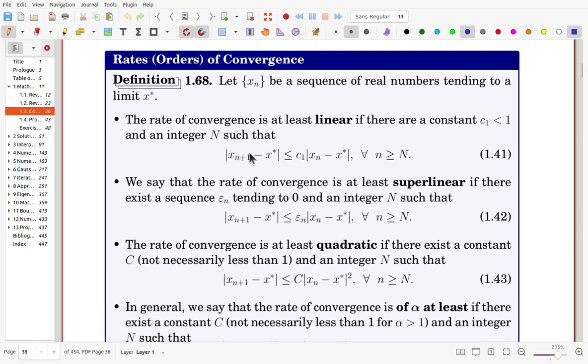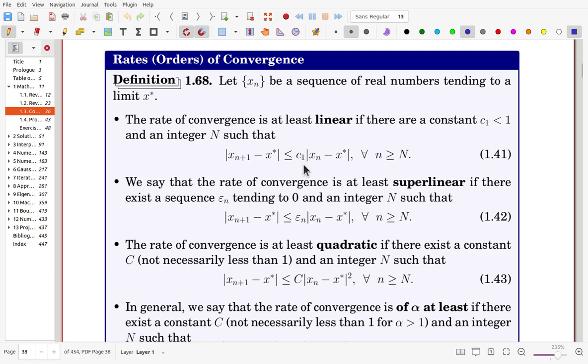And the later error is bounded by the current error times C1, which is less than 1. So it is decreasing, but in a linear manner. So in fact, there is a power of 1. So in this case, we say that the rate of convergence is at least linear, or just simply linear.